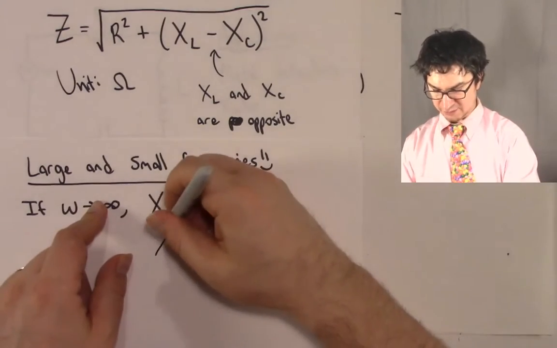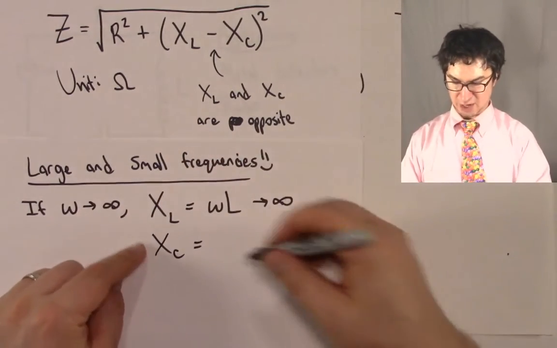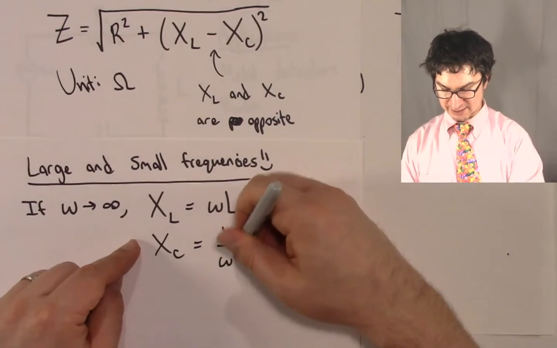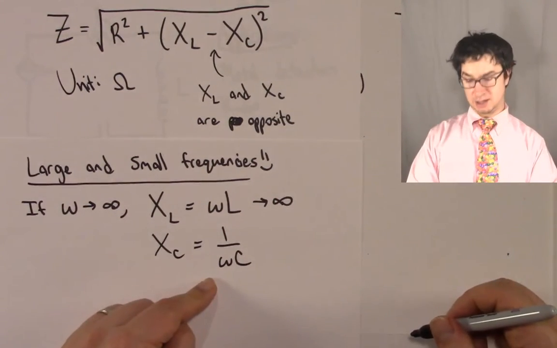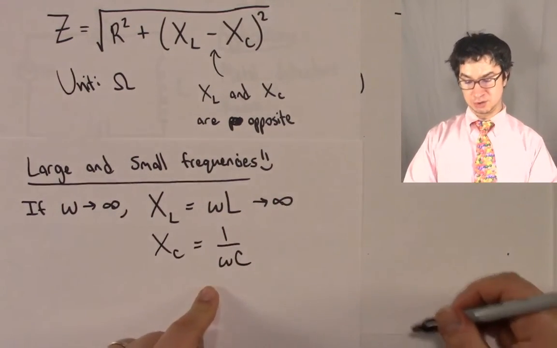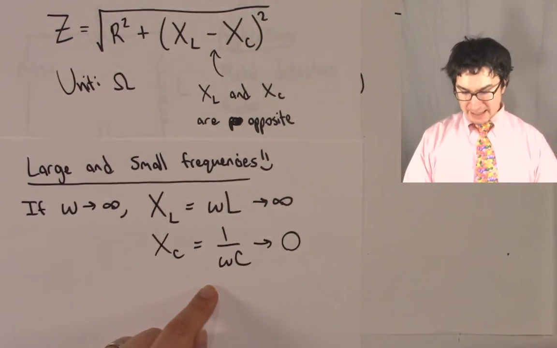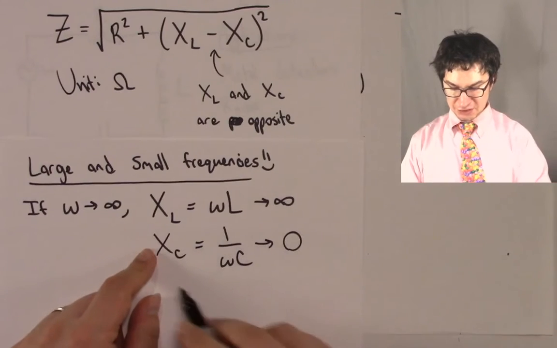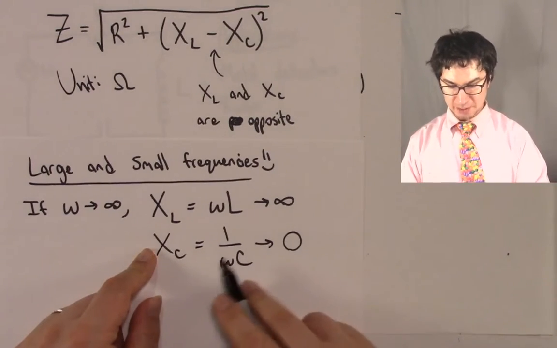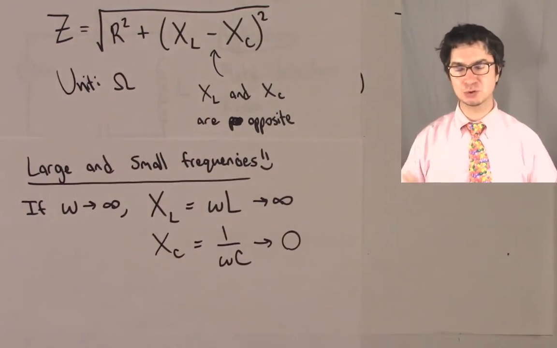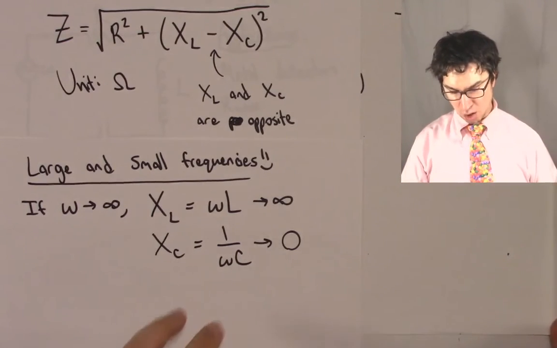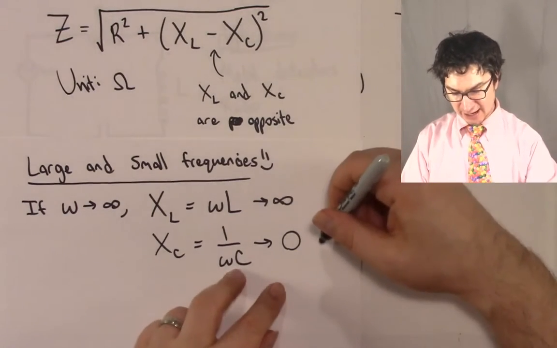What about the capacitive reactance? The capacitive reactance is 1 over omega C. If omega goes to infinity, then this fraction is going to go to 0. And what that means is this XC is going to behave as if it has absolutely no reactance at all. So this will act like an ideal wire.